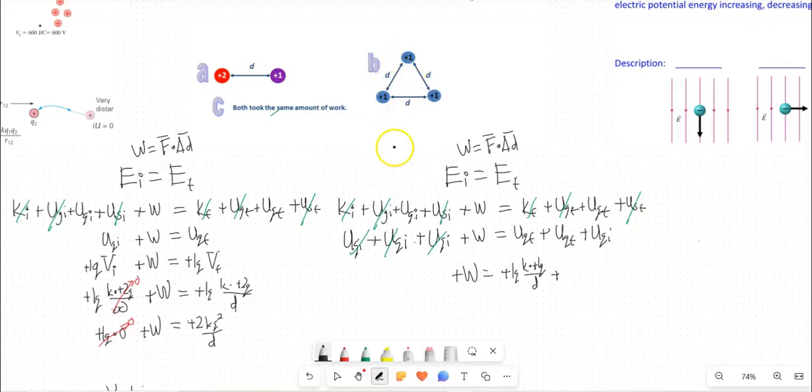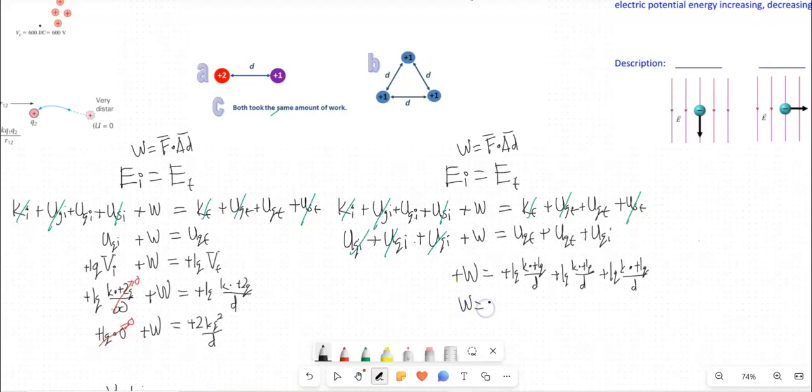Let's do this interaction, which is going to be positive 1Q, K times positive 1Q, all over distance d apart. And then let's do the energy it takes to put those two guys together: positive 1Q, K times positive 1Q, all over distance d.